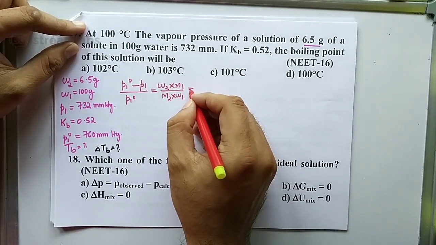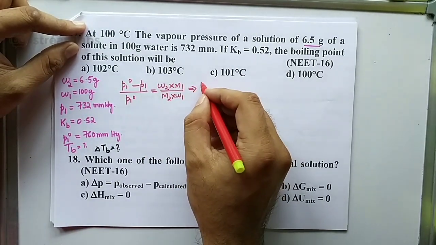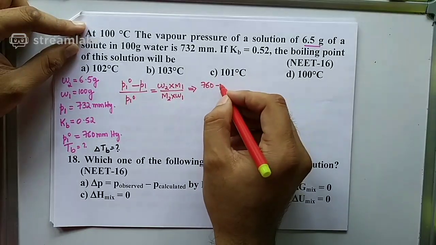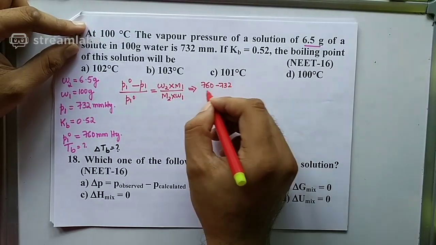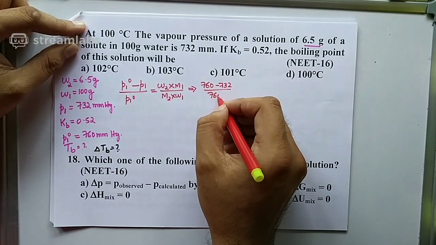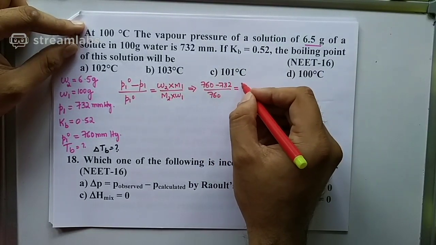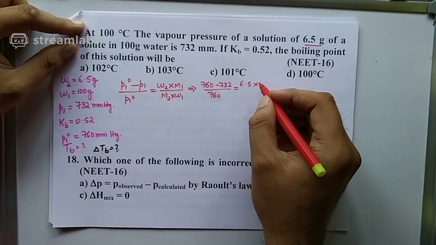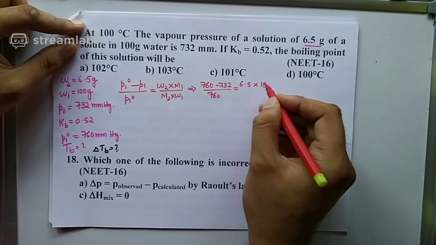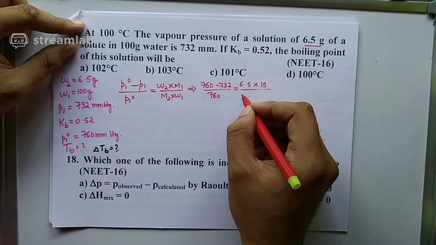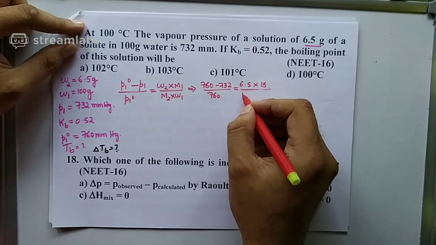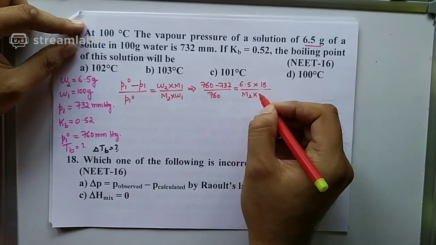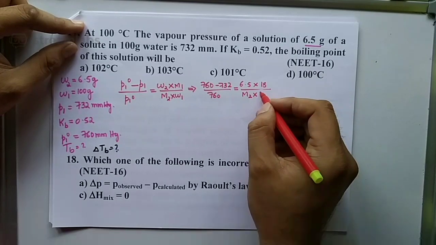So substituting all the values, (P1 naught minus P1) divided by P1 naught is (760 minus 732) divided by 760, which is equal to W2, which is 6.5, multiplied by M1, which is 18, divided by M2, the molar mass of the solute that we shall calculate, multiplied by W1, which is 100.